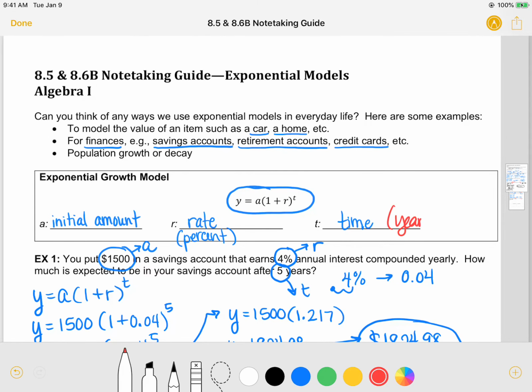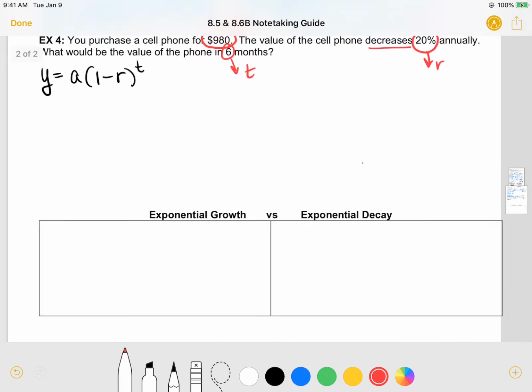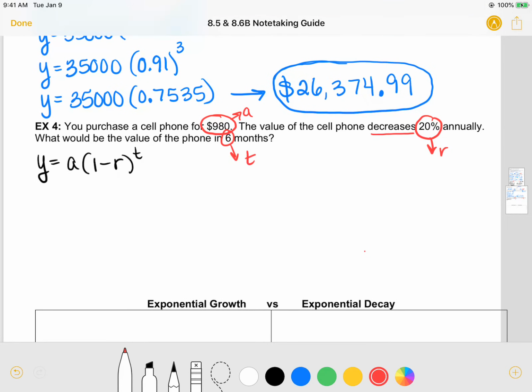So this should be calculated in years, time in years. So that kind of makes a big difference in example 4, and that's because we're looking at what's going to be the value of this cell phone after 6 months. So how many years is 6 months? That's going to be 1/2 of a year, or 0.5, okay? So we're going to plug all these in, and let's see what we get.